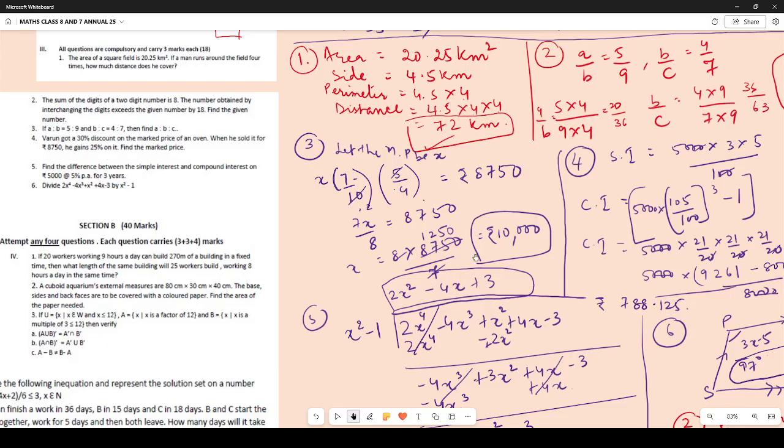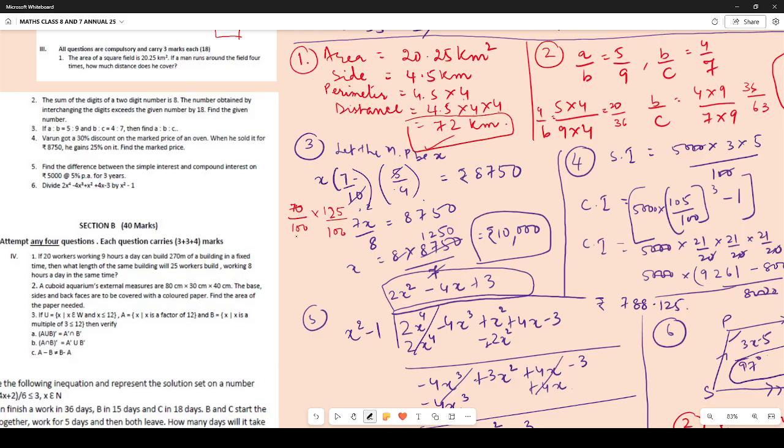25% gain. You remember the increasing and decreasing percentages. So first you multiply it with 70 by 100, and then you multiply it with 125 by 100, because that is the increase.